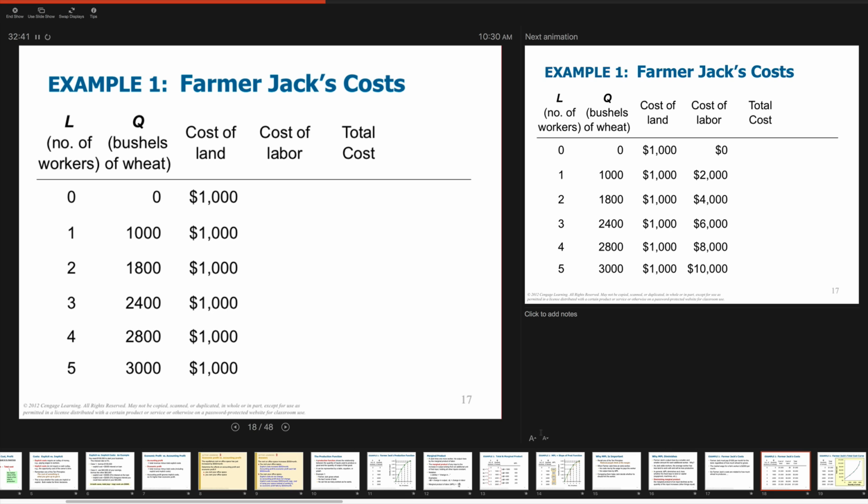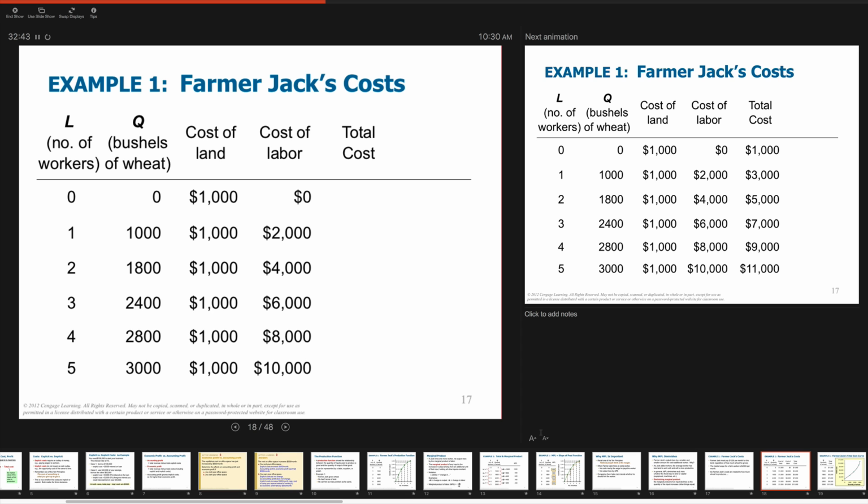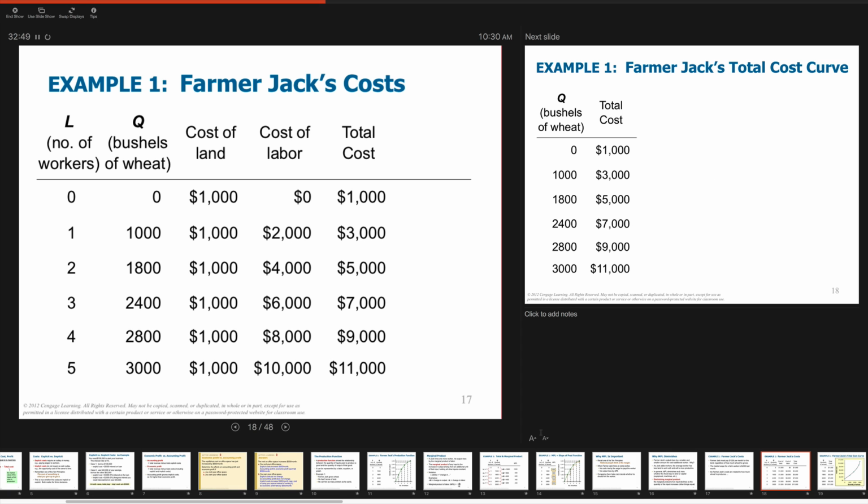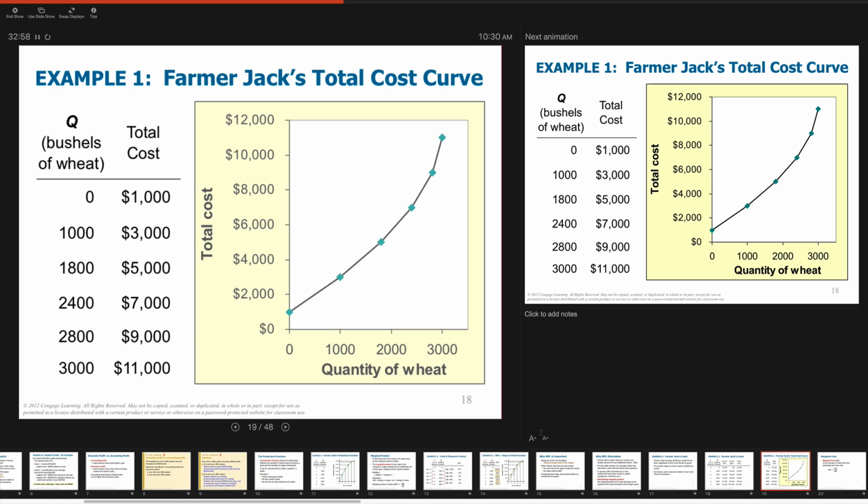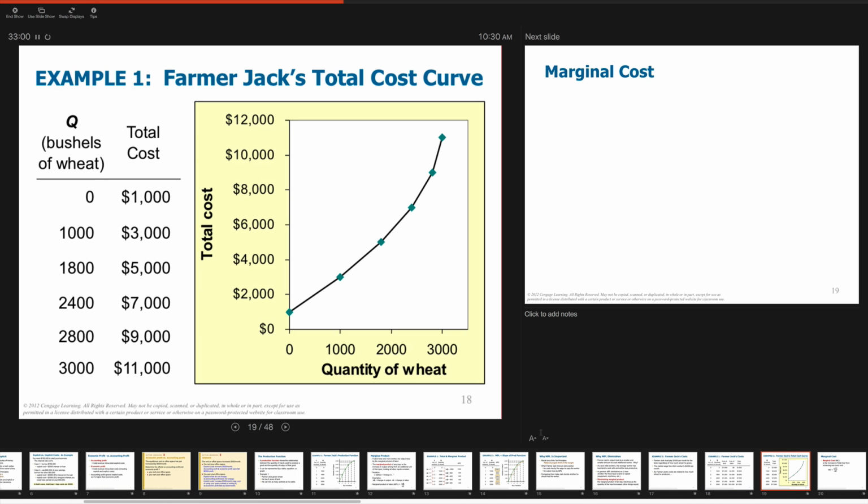His cost of land is fixed. His cost of labor increases with each worker he employs, right? So his total cost increases the more workers he gets. So what do we need to know now? How much is he going to get per bushel of wheat? We better graph this curve out though, because now we have a supply curve.